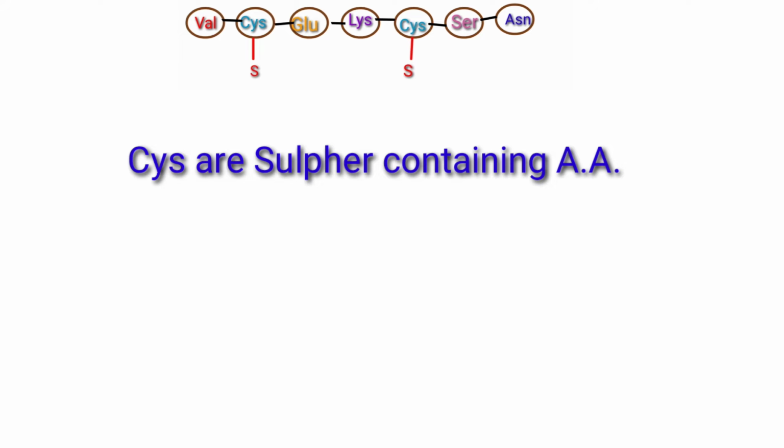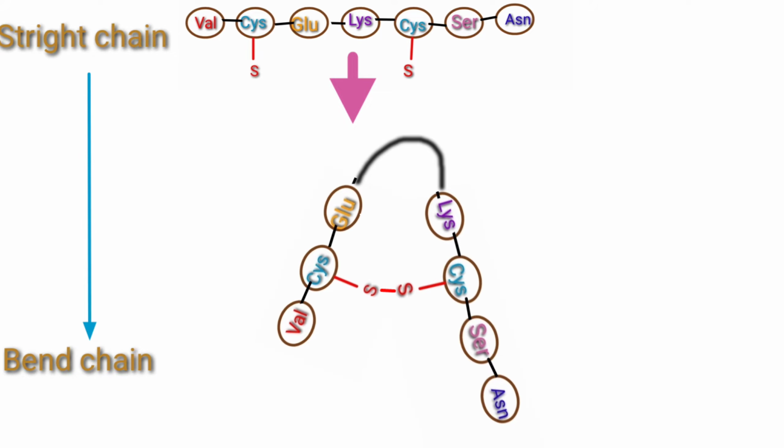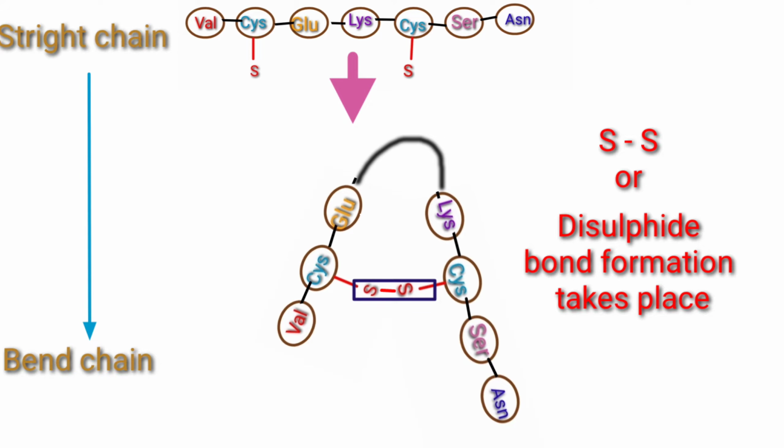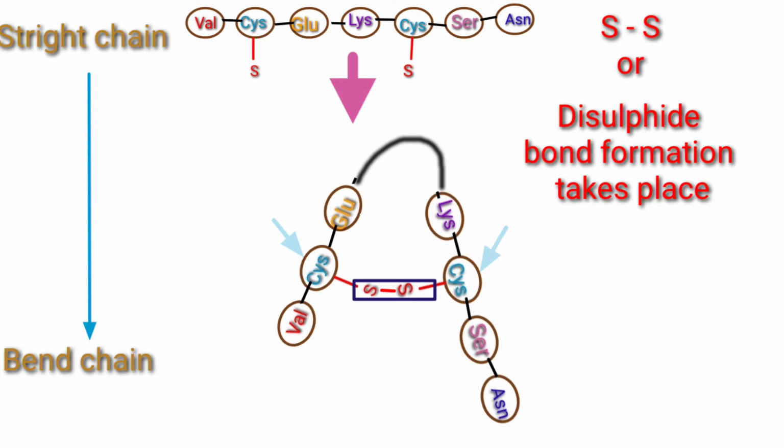So when a polypeptide contains many cysteine residues, suppose in this diagram there are two cysteine residues, this peptide will bend itself to form a sulfide or disulfide bond between two cysteine amino acids.